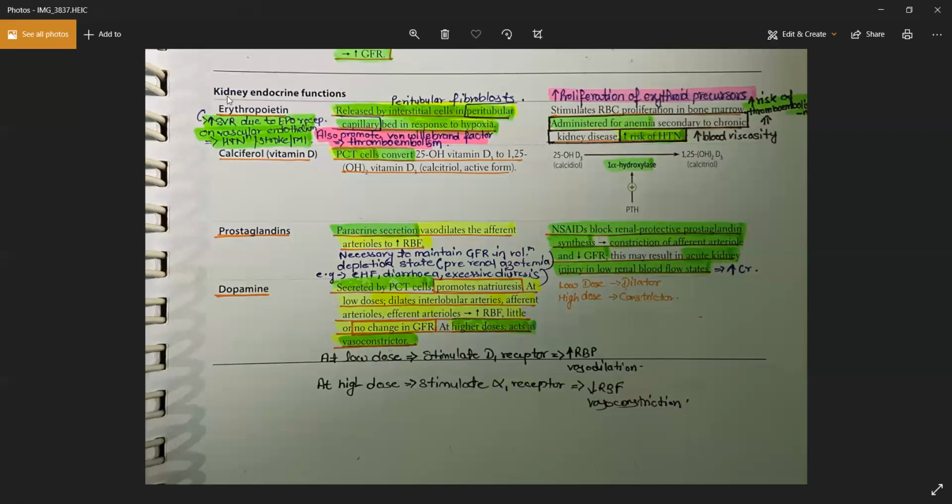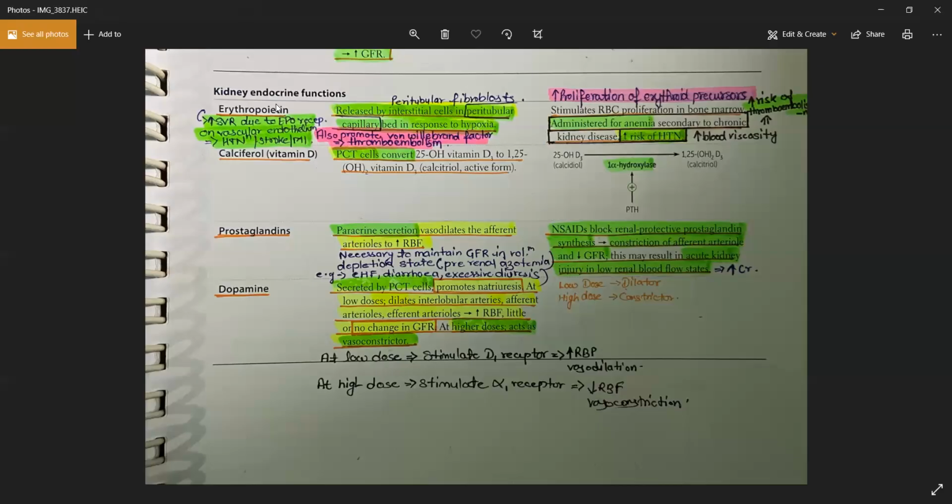And whenever this erythropoietin is released, it also causes the stimulation of some receptors that cause a vasoconstriction. So whenever you have a high erythropoietin, you will get hypertension. And second, whenever you have a high erythropoietin, it will also promote the von Willebrand factor activation, and that causes thromboembolism.